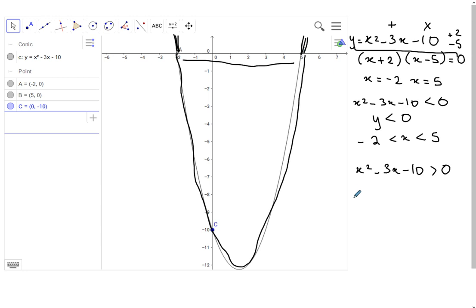So x would have to be less than minus 2, and x would be greater than 5. So you can see when it's less than, it's a range because it's that part of the curve, and when it's greater than 0, then it's either less than minus 2 or greater than 5. Okay, let's take another example.